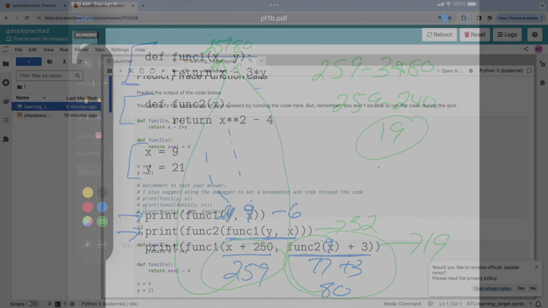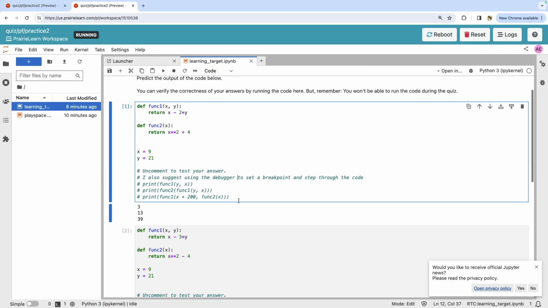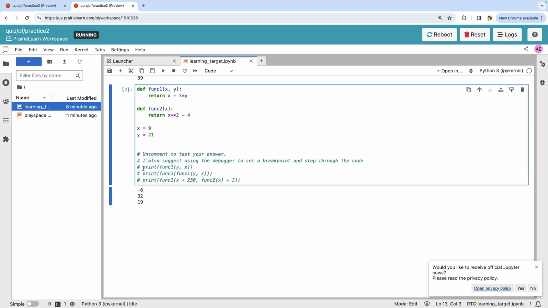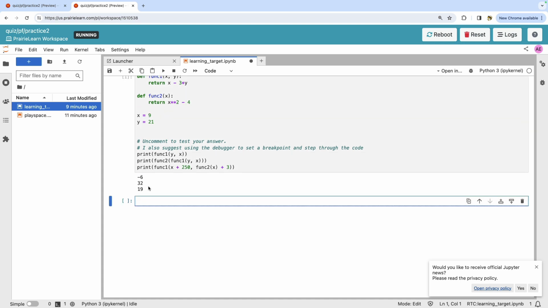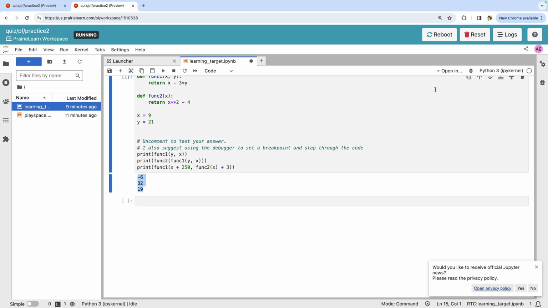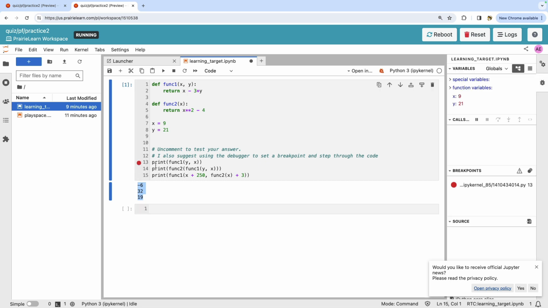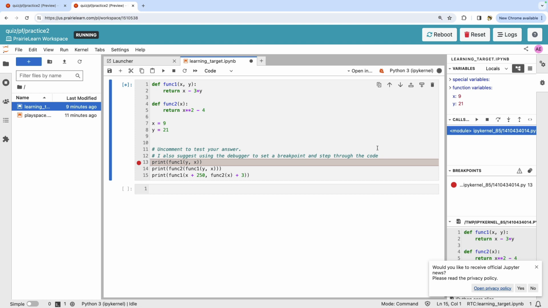All right, so like I said, if we flip back here to PrairieLearn, you can do things like uncomment those print lines when you're ready to check your answer. You can run that block. You'll see the answers there. You can also turn on the debugger. So if I set a breakpoint here and start running through this code, I can see up in the right here that x is 9 and y is 21.